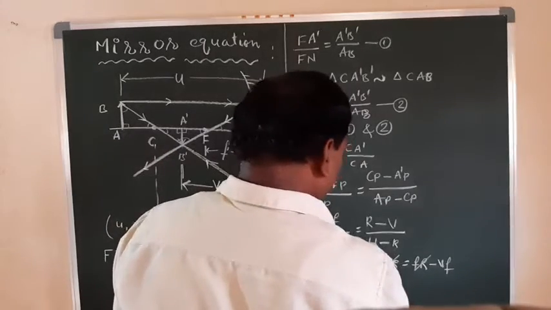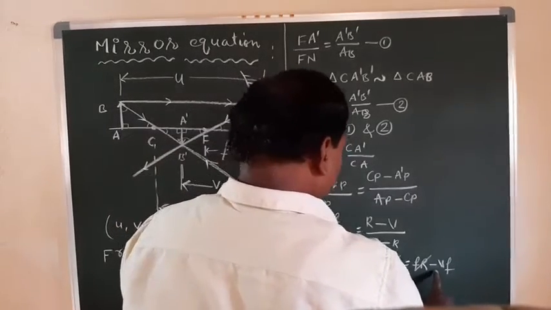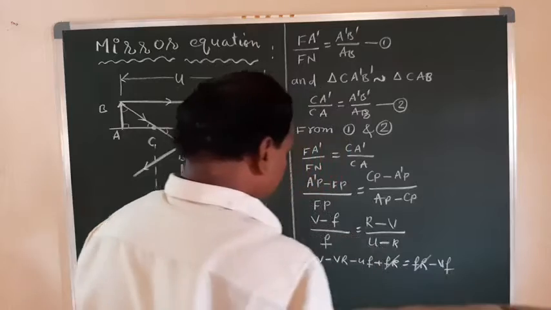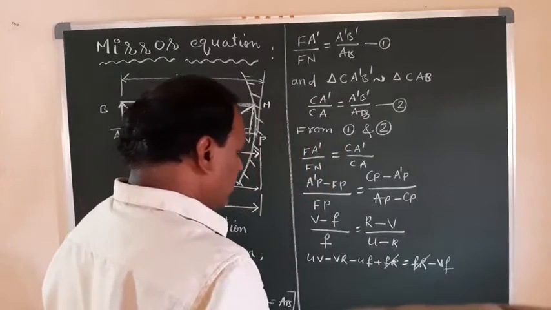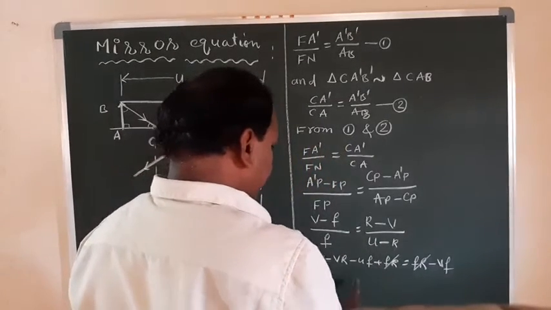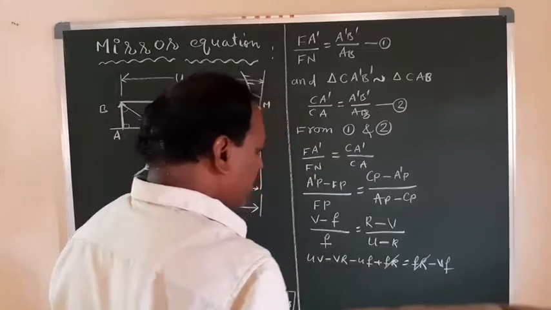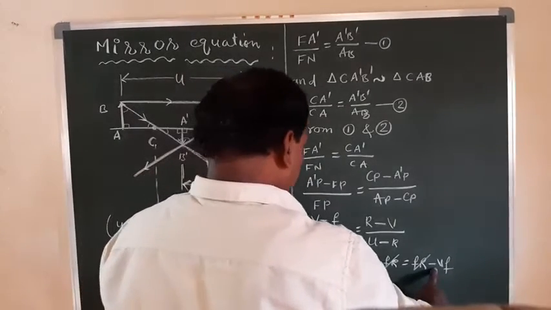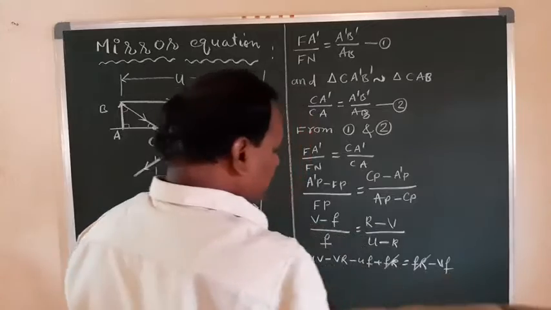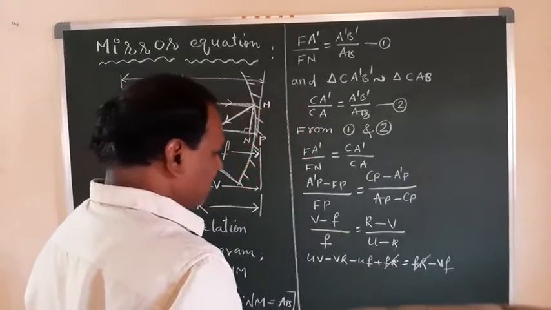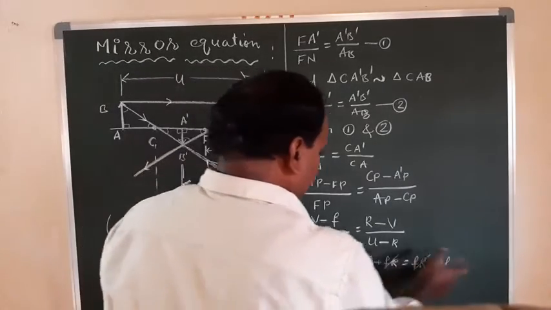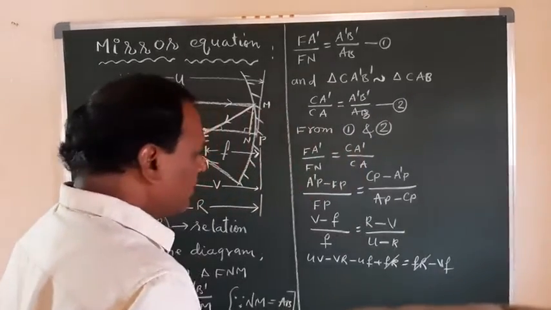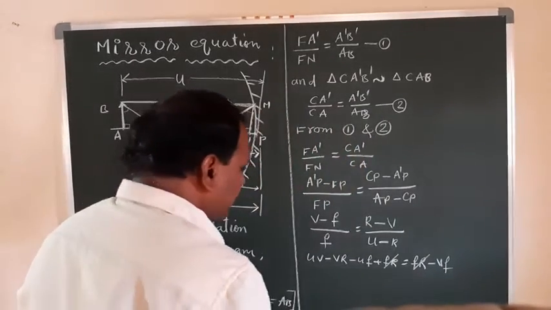So FR cancels, minus VF. We don't have that. Anyways, here you have this equation. Just bring this one to this side, or you bring this one to the RHS here. What you can expect to get is here.